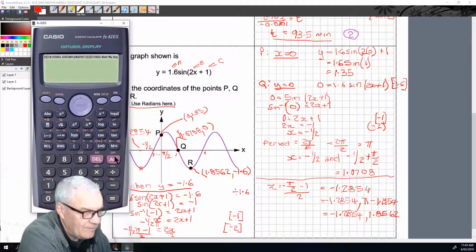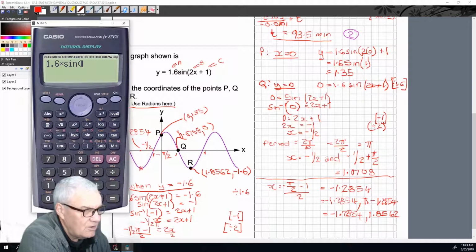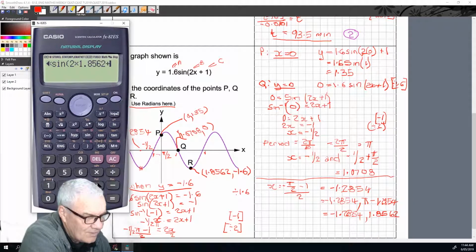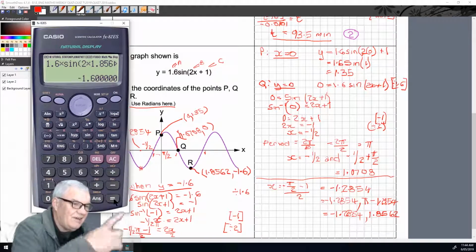All clear. So if we go to our formula, 1.6 times sine 2 times 1.8562 plus 1 equals negative 1.6000.